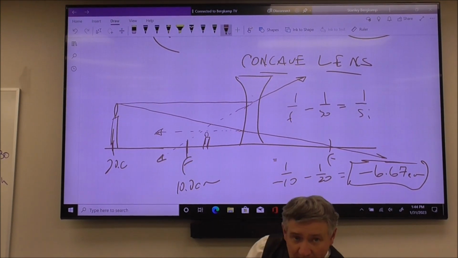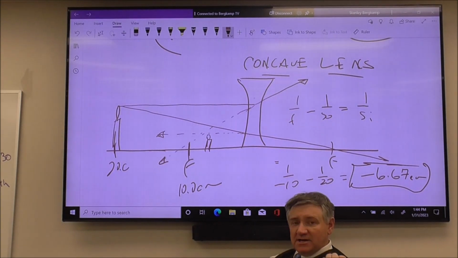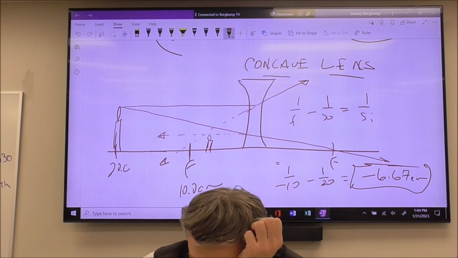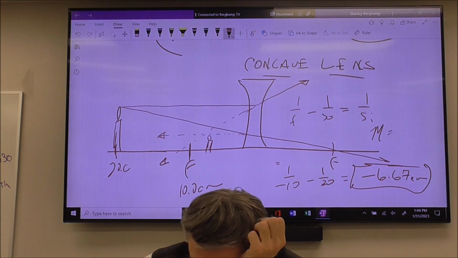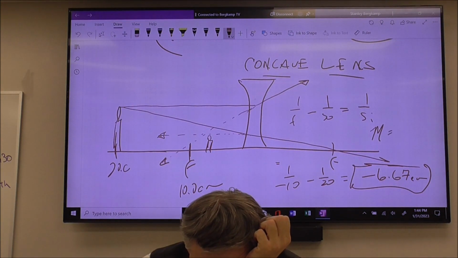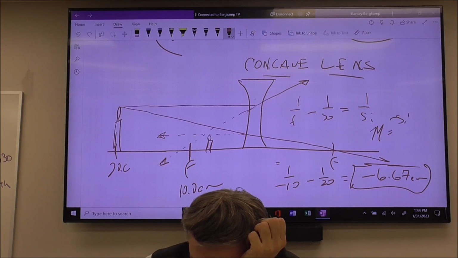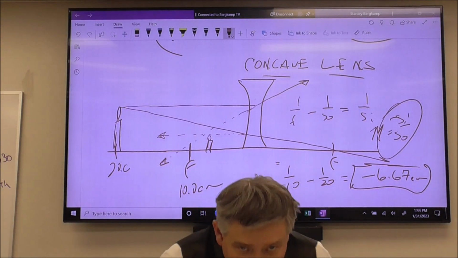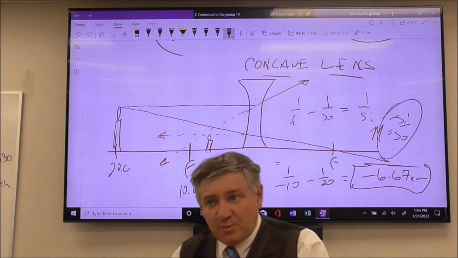Now, let's talk magnification, and here's the significance of that negative sign. Your magnification is negative si over so. Just based upon this diagram, I know a couple of things.